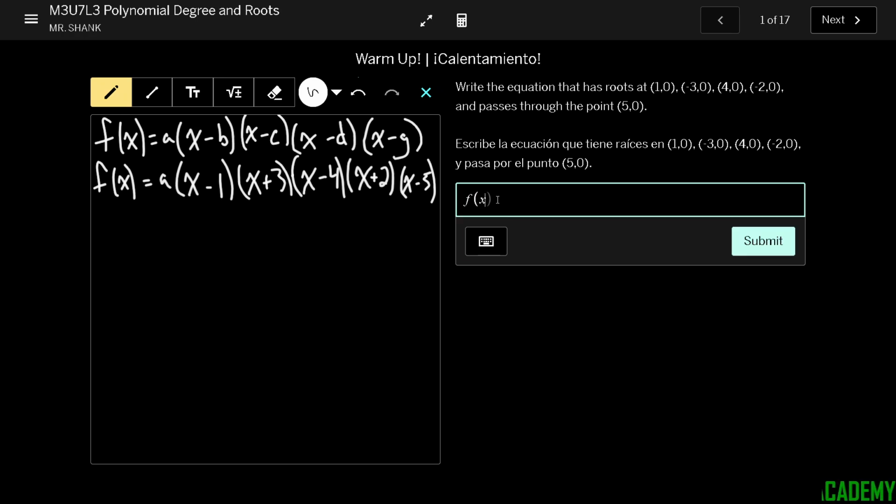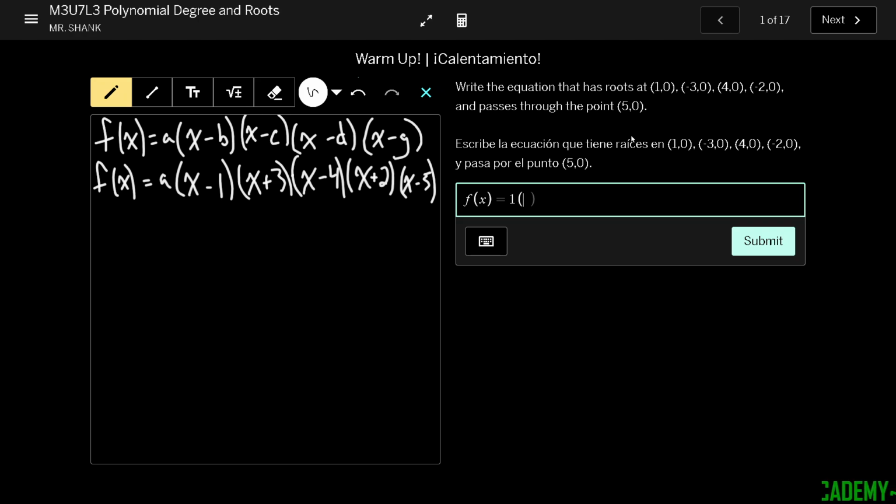I'm going to say f of x. Almost typed in another point, but luckily we caught it because that has a y value of 0. So that's actually another factor. I'm going to let a equal 1 just for this one, because we don't have an extra point to check. So a equals 1.